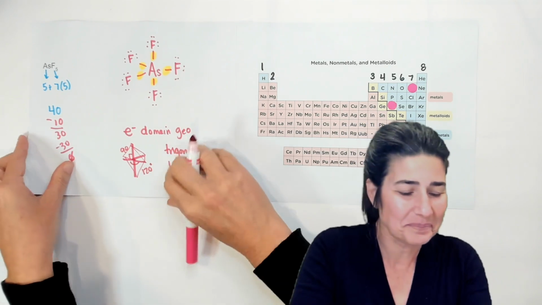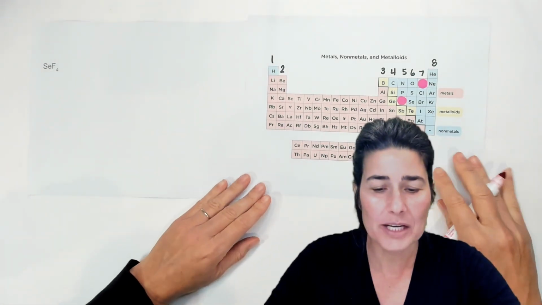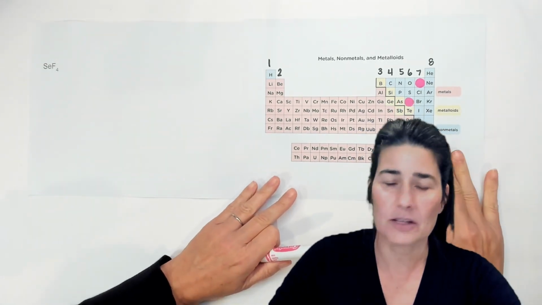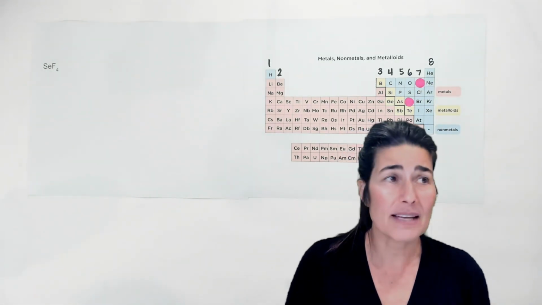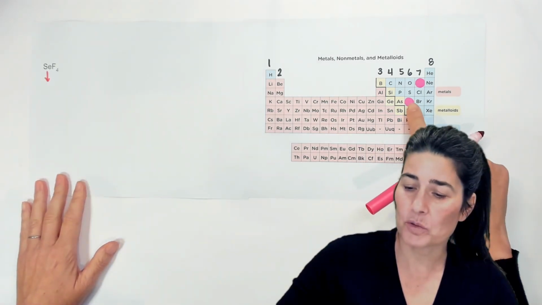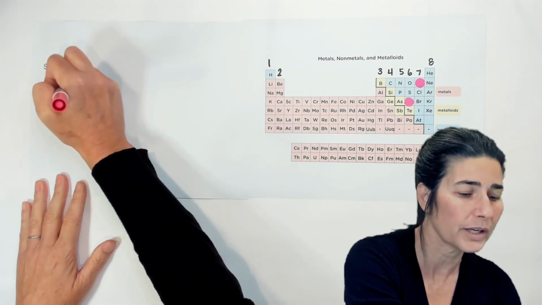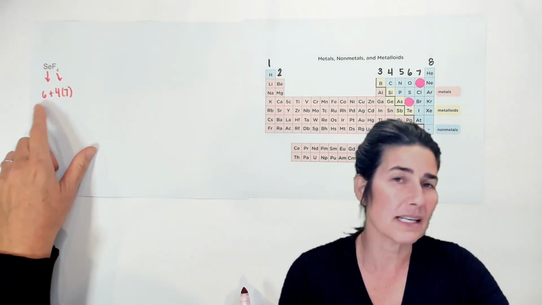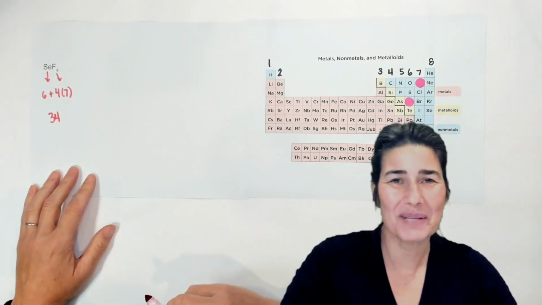There's your first example. Let's try another one. What if I gave you selenium tetrafluoride, SeF4? Selenium is in group 6A, fluorine is in group 7A. Step 1, let's add up our valence electrons. Selenium, being in group 6, has 6 valence electrons, plus we have 4 fluorines, each with 7. 7 times 4 is 28, plus 6 more gives us 34 to play with.